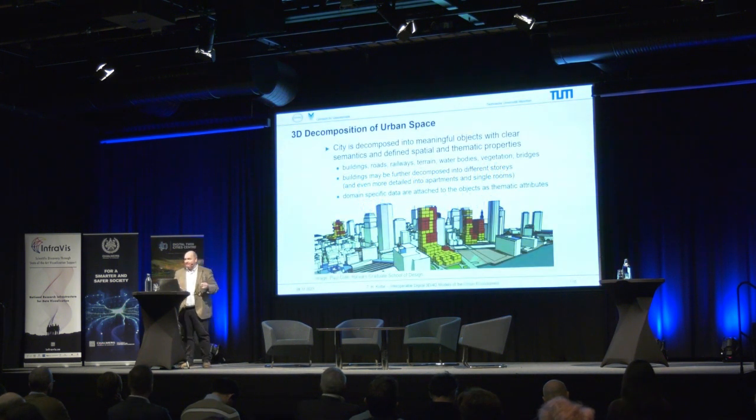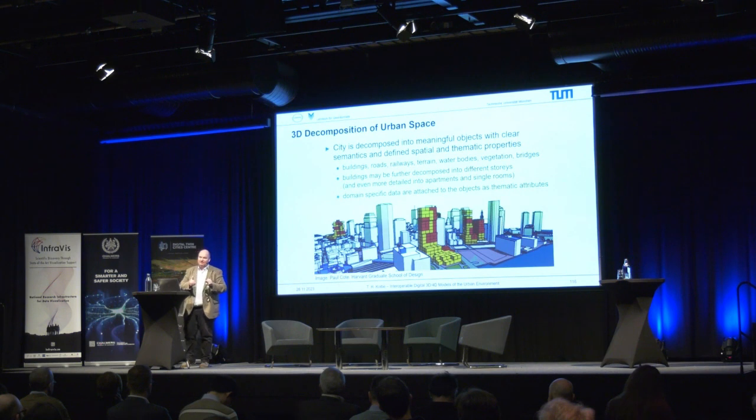What we basically do is make a 3D decomposition of urban space into meaningful objects. We are not doing this arbitrarily; we are saying, okay, we're interested in buildings, so let's identify the buildings and also separate neighboring buildings from each other. If you have, for example, one large building block with many logically separated buildings, then you should also make that logical separation in your city model, down to the object level.